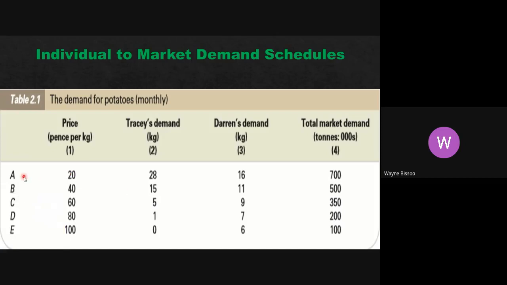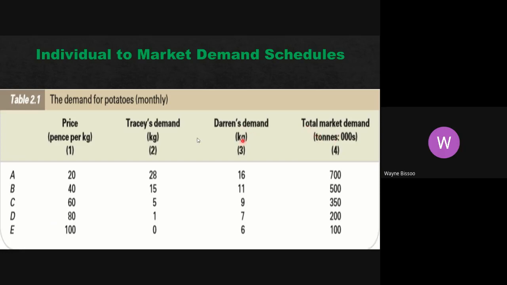All right. So if you look here at A, we're dealing with a price of 20. Well, they have this as pence per kilogram, but think about this as 20 cents per kilogram. Tracy is demanding 28, but Darren is only demanding 16. And the total demand when we add up everybody in the market is 700 tons of potatoes.